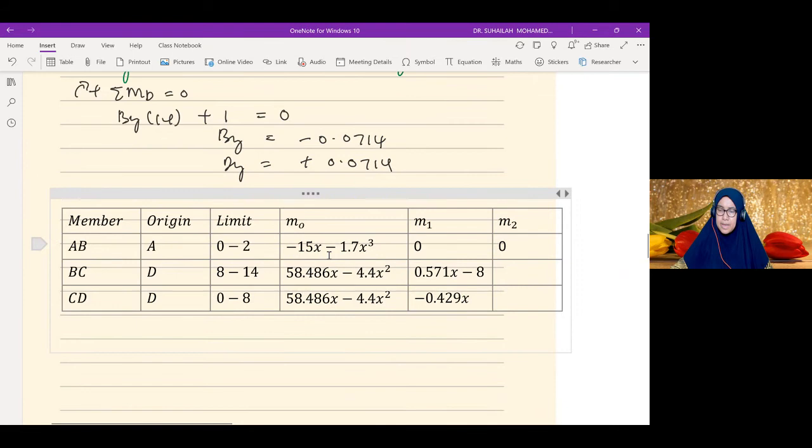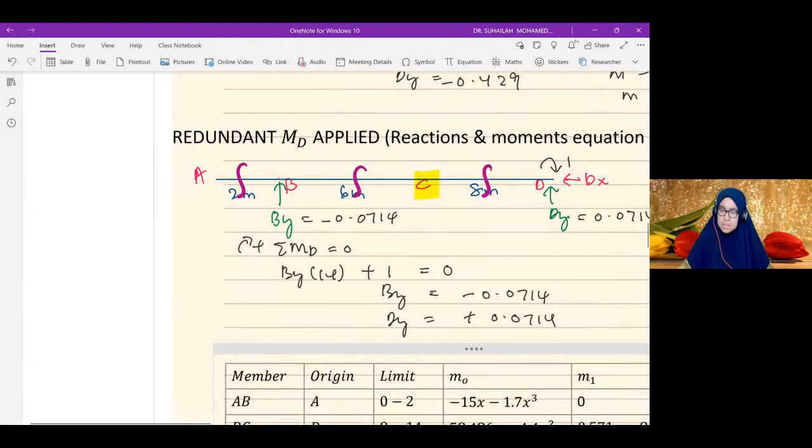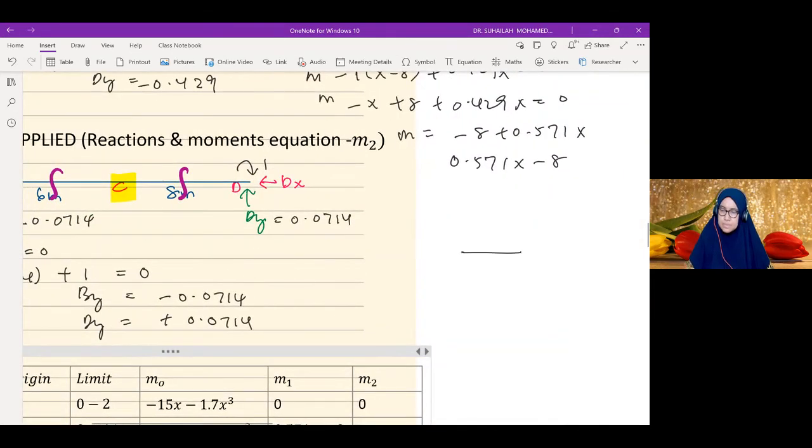Okay, and then for the redundant number 2, it is 0.0714. This is 1, this is m.